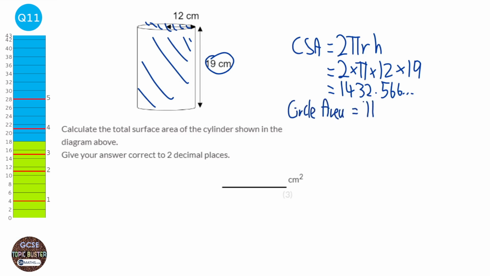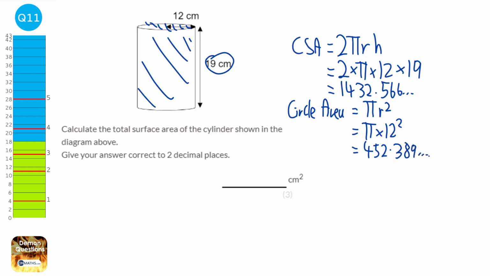Next we work out the area of the circle at the top, and the formula for that is just pi r squared. So pi times 12 squared, which will give us 452.389 and so on.